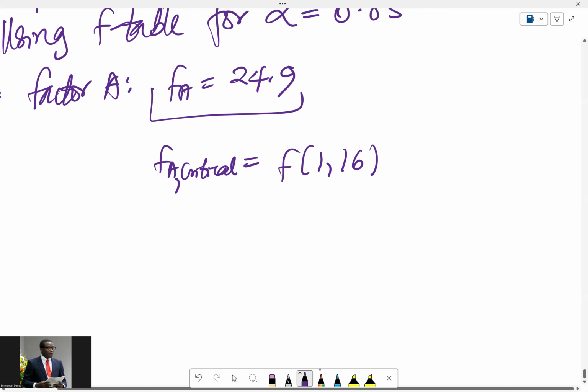I think we are comparing degrees of freedom here.